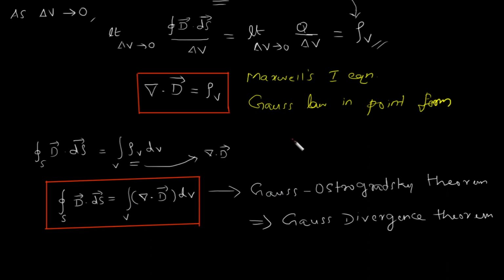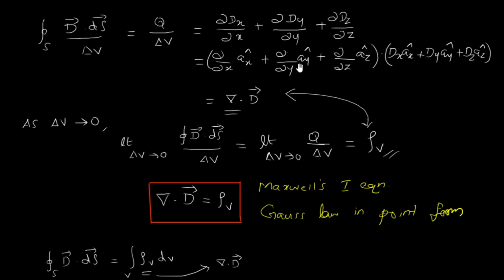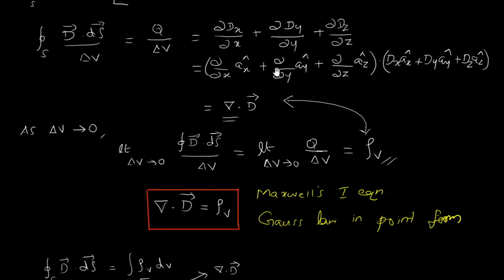Now, to add on, I have done this derivation or evaluation of del dot D only in the Cartesian coordinate system, because del is given as the variation of some quantity in the x direction, y direction, z direction.